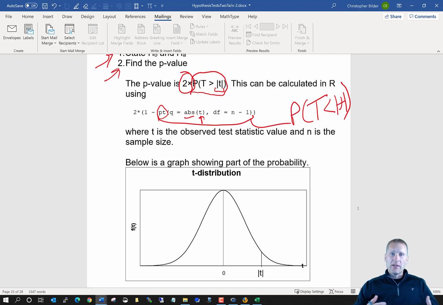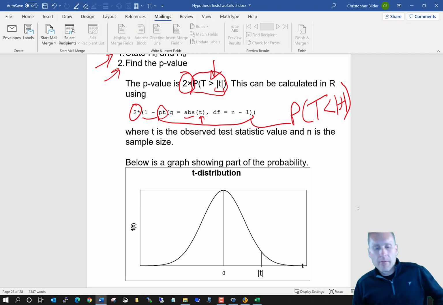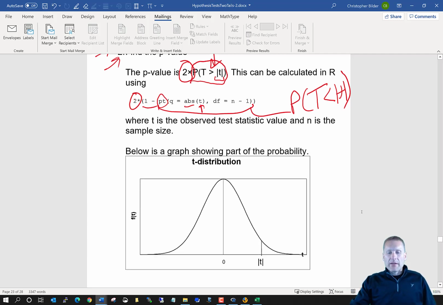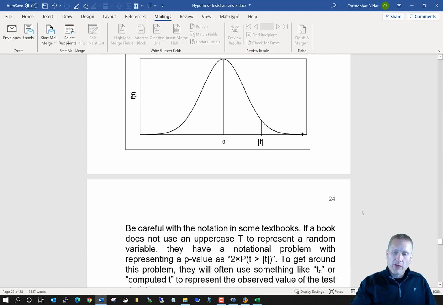If I actually want an area to the right, as denoted by that greater than sign, I use the complement, so I work with 1 minus, and then I multiply it by 2. Okay, so here's a plot of basically what we're doing here. We're just simply trying to find this area right there, and multiply it by 2.